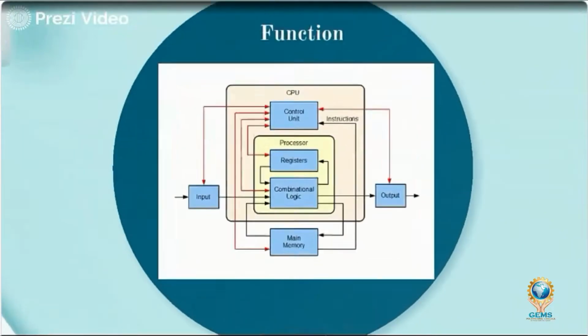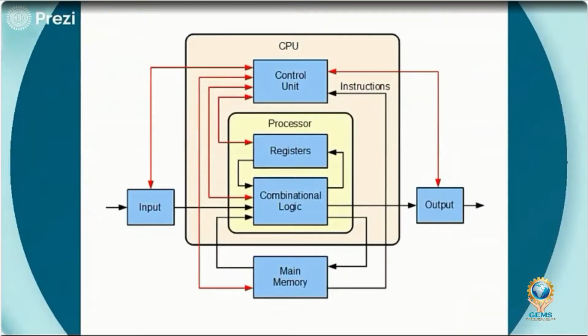And the function of a CPU is shown here in a diagram. The processor has a register and combinational logic, it has input, the input goes through the processor, and then connects to the main memory, and the processor is also connected to the control memory.